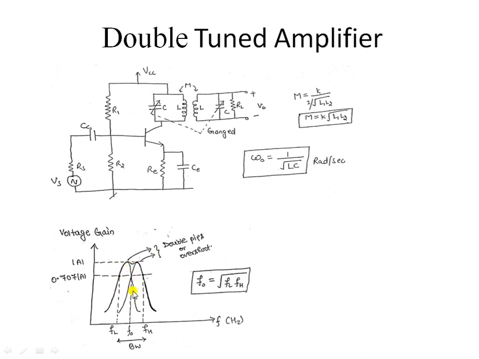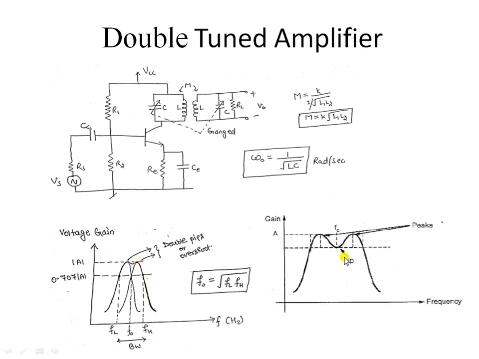response, because both tank circuits are tuned at the same resonant frequency, but because the output is transferring from this place to this place, it takes some time. So it transfers like this. This is the actual output of the double tuned amplifier.